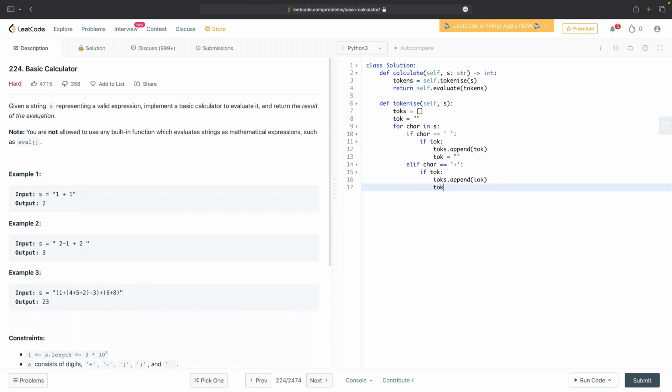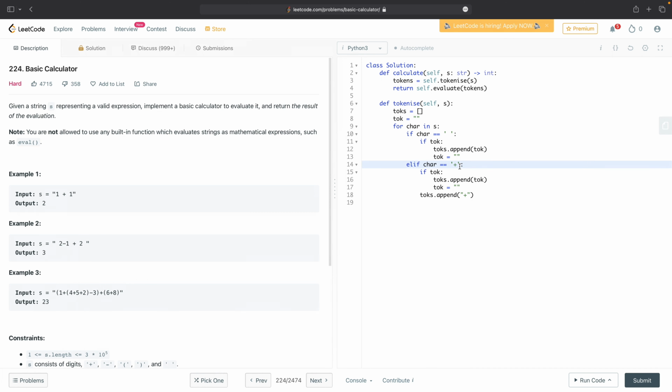So this code is going to come up a lot. Tok equals empty, and toks.append a plus. In fact, we want to do that regardless. So this little bit here is basically our clear this, we're moving on to the next thing.